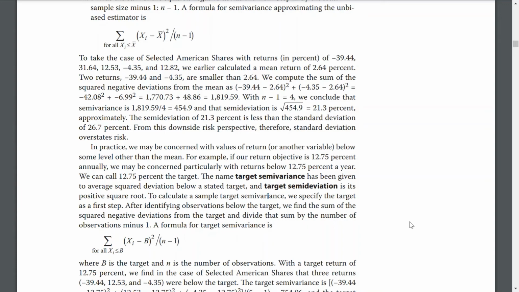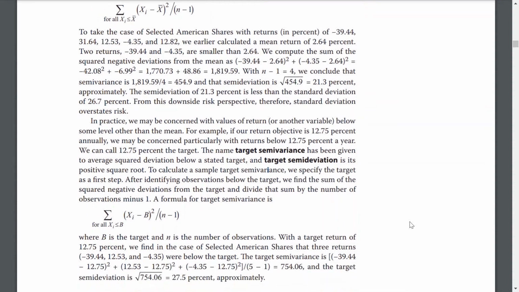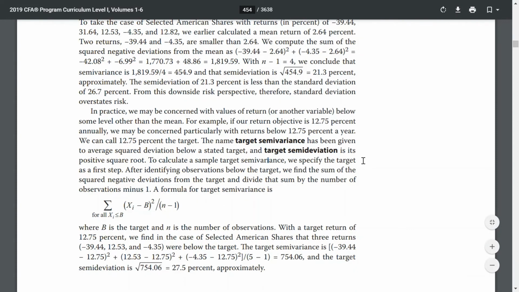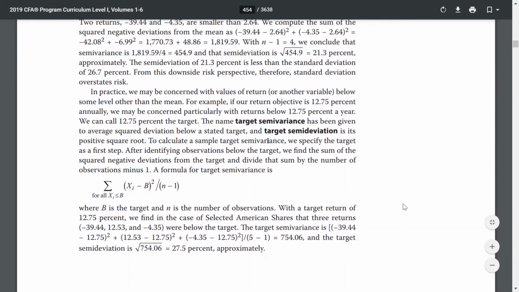The name target semivariance has been given to the average squared deviation below a stated target. The target semi-deviation is its positive square root. To calculate a sample target semivariance, we specify the target as a first step. After identifying observations below the target, we find the sum of the squared deviations from the target and divide the sum by the number of observations minus 1.